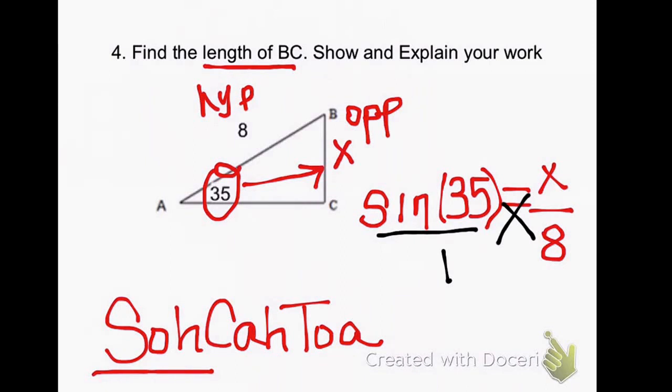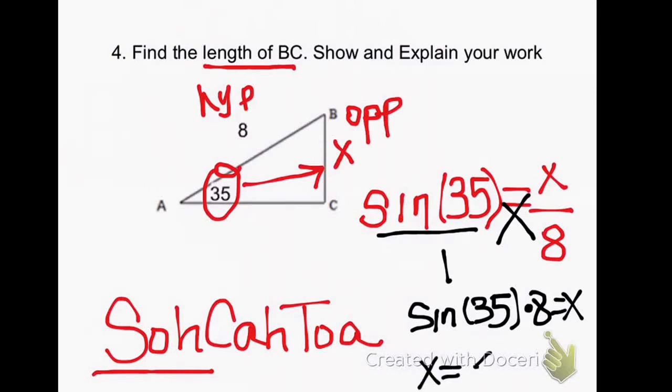This tells me to multiply sine 35 times 8 to find out what x is. So I get my calculator and I say sine 35 times 8. And that tells me that x is going to equal 4.58, which rounds to 4.6.